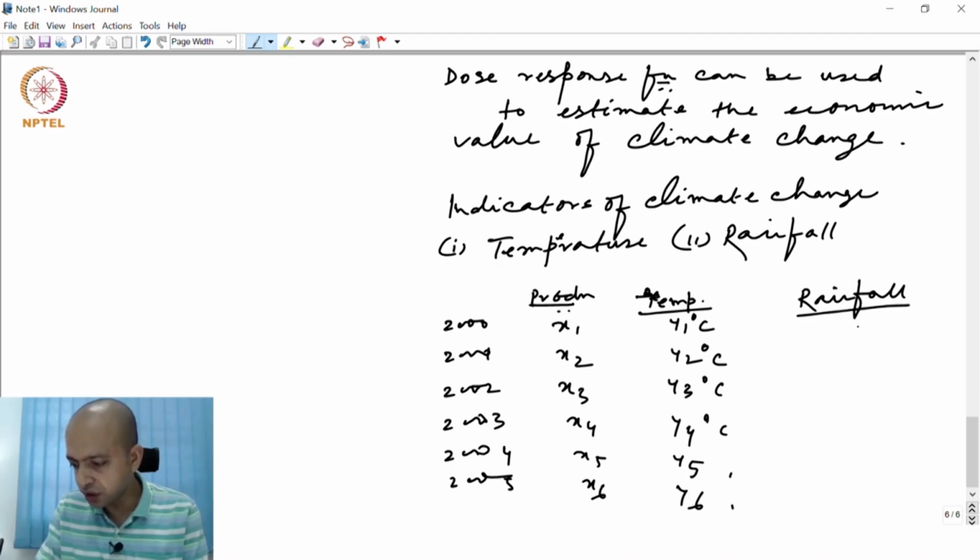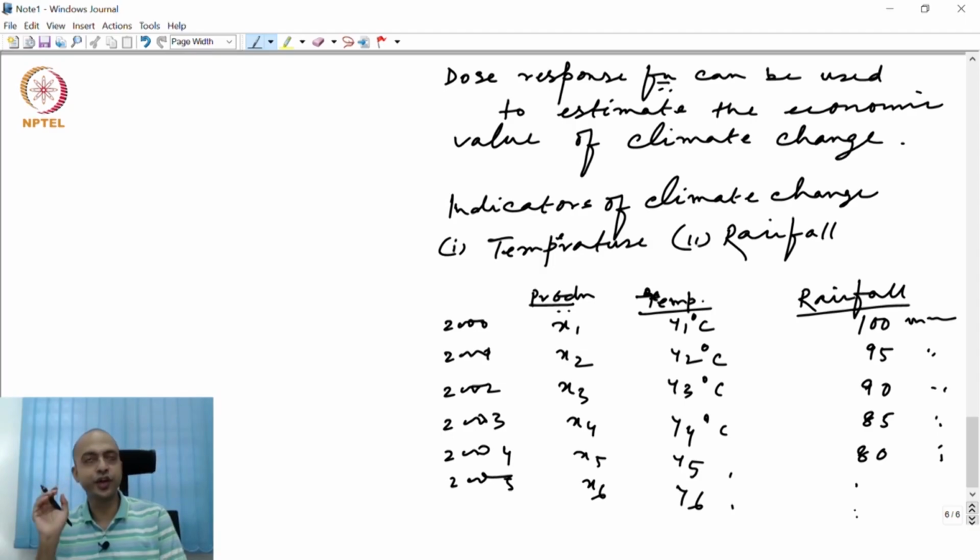Let's say this rainfall is 100 millimeter, then 95, then 90, then 85, 80, like that we have rainfall data. So what we need to collect? Production of wheat over a period of time, temperature and rainfall.